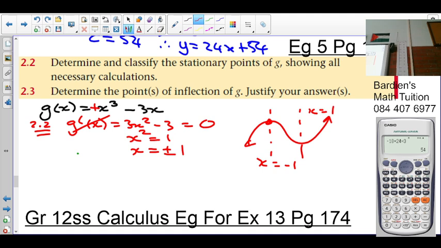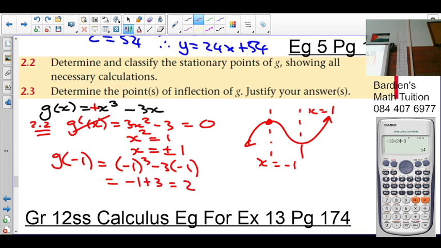For the corresponding y value, I substitute x equal to minus 1 back into the function, so it's negative 1 cubed minus 3 times minus 1. That gives you negative 1 plus 3, which is 2. So one point of contact is negative 1 and 2. The other one is g of 1 is equal to 1 cubed minus 3 times 1, which is equal to negative 2.